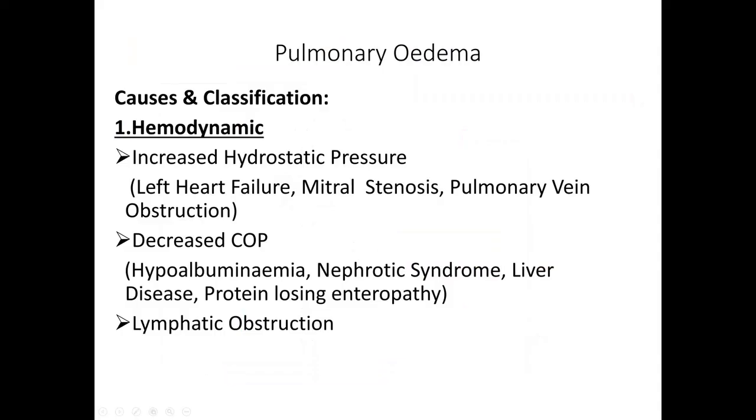Pulmonary edema causes and classification: hemodynamic causes, which is due to increased hydrostatic pressure due to left heart failure, mitral stenosis, pulmonary vein obstruction. Then decreased colloid osmotic pressure due to hypoalbuminemia, nephrotic syndrome, liver disease, protein-losing enteropathy, and then lymphatic obstruction.